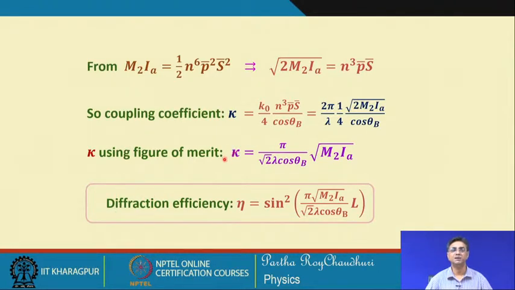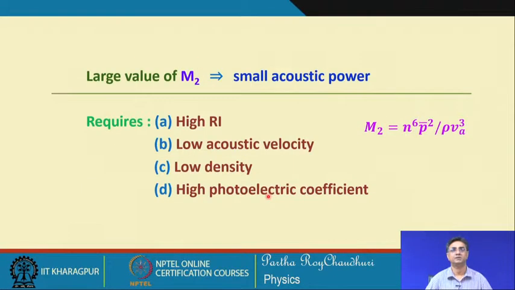So, using this kappa we can have the diffraction efficiency in the first order, which we have defined earlier, as sin square of kappa into L. L is the fixed width of the acoustic wave, and for kappa we write this expression. That is a very useful relation which will be used for the design of modulators.